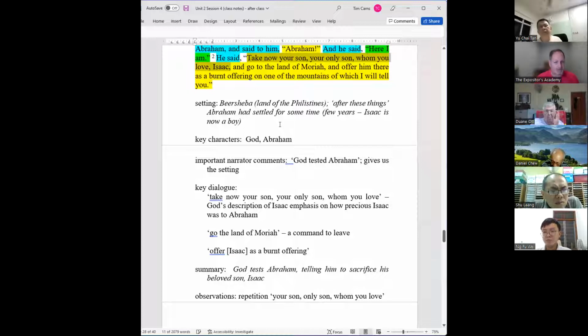There's an emphasis on that, and remember, by the way, Isaac's not his only son, but he is the only one living with him. And there is a sense that Isaac is the son of promise, so he is the significant son as well. But also "whom you love," there's that tenderness and emotion conveyed in that statement.